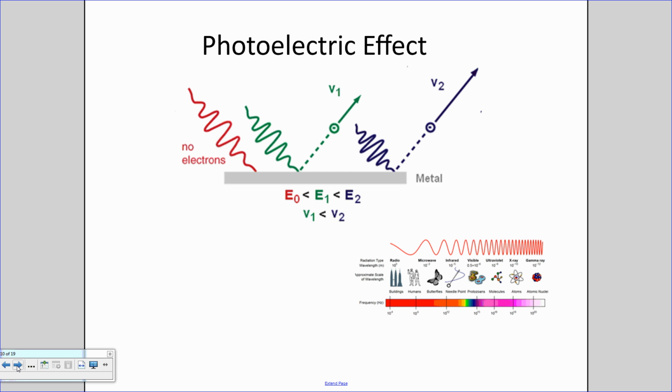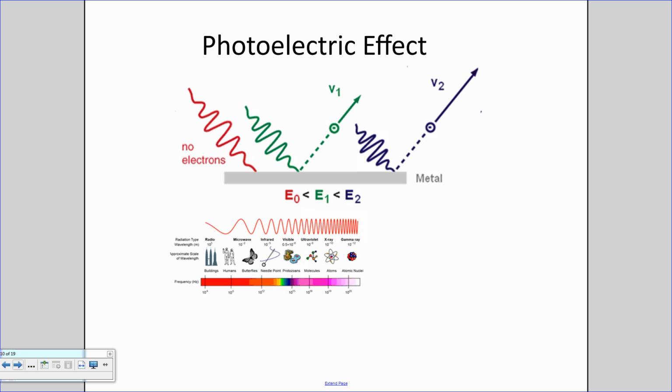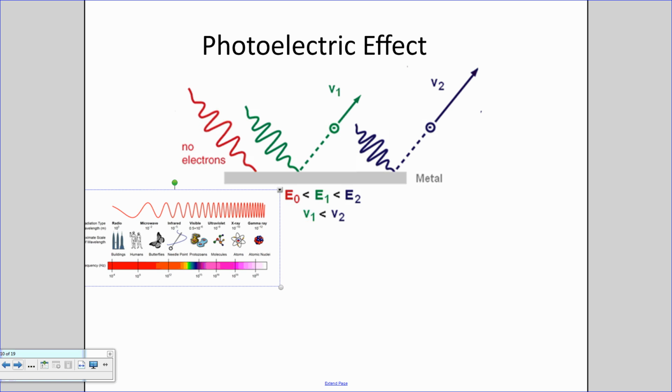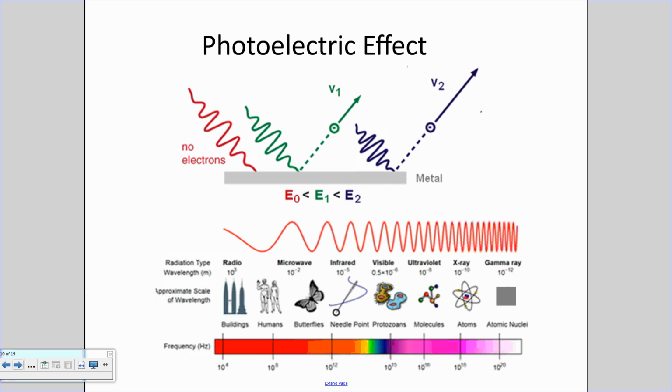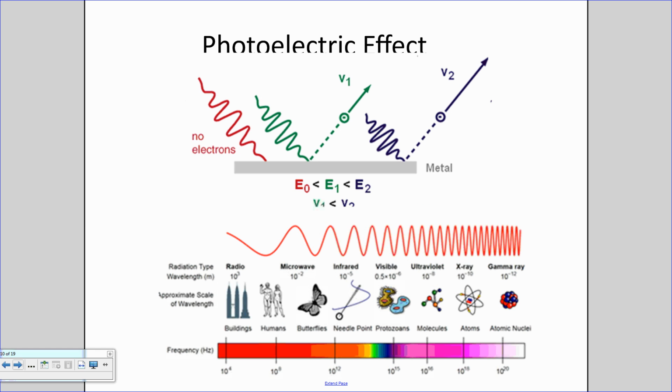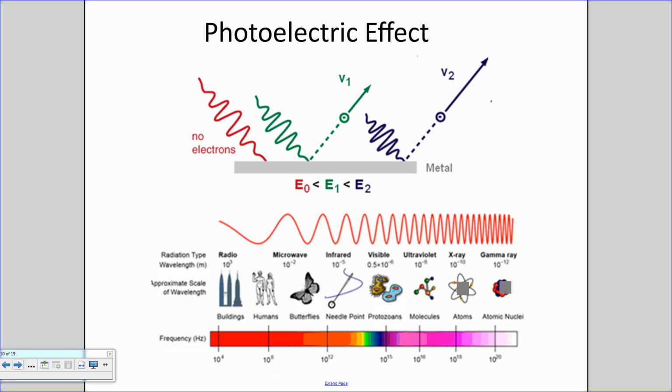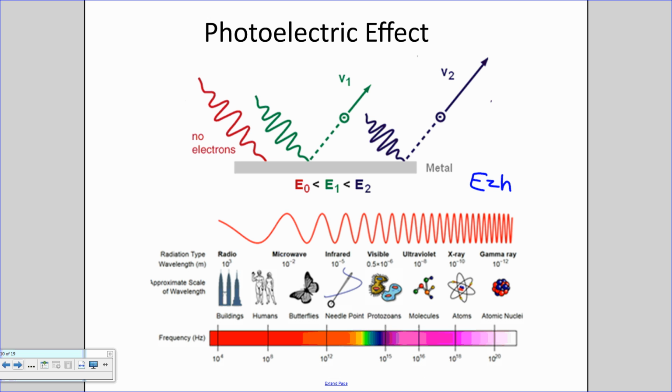All right, photoelectric effect. Every type of light has a different amount of energy. And we have this beautiful thing that came off of Wikipedia. Thank you. This one's actually very nice, and I really enjoy this one. Okay. Basically, each light has a different frequency. E equals hf. Right?